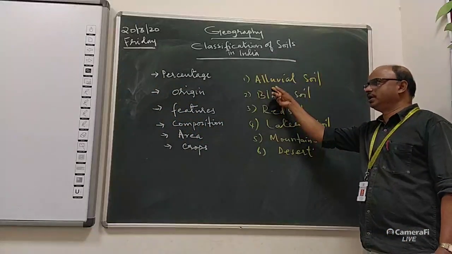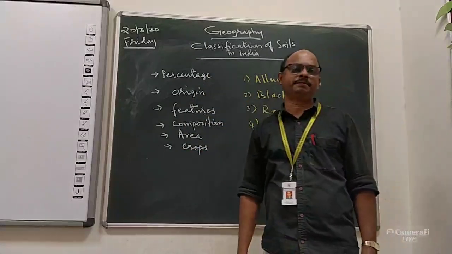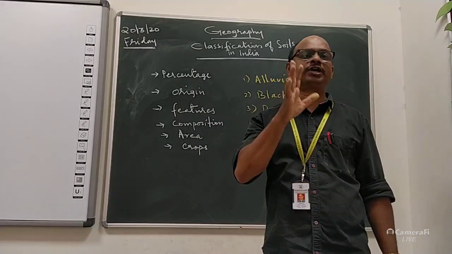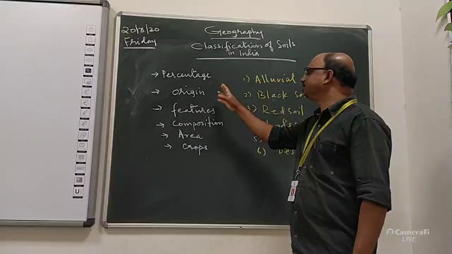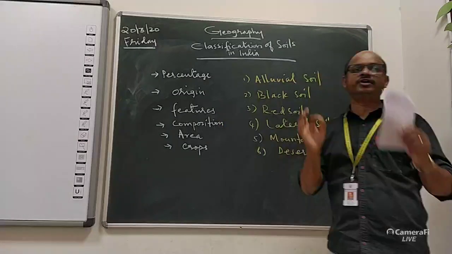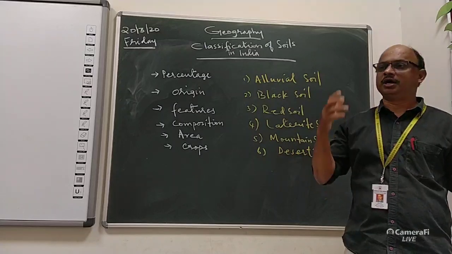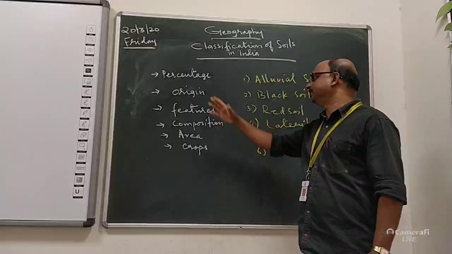And besides, in the western coastal plain as well as eastern coastal plain, you can also see alluvial soil. So we understand its 45% and its origin: mainly silt particles brought down by important rivers. That is the second part.